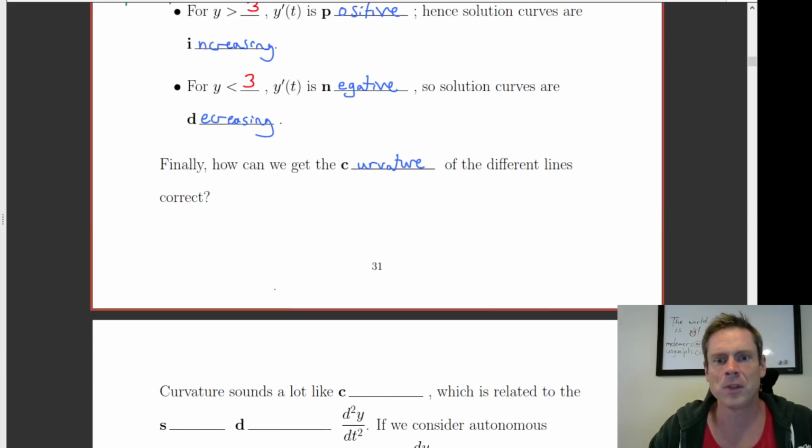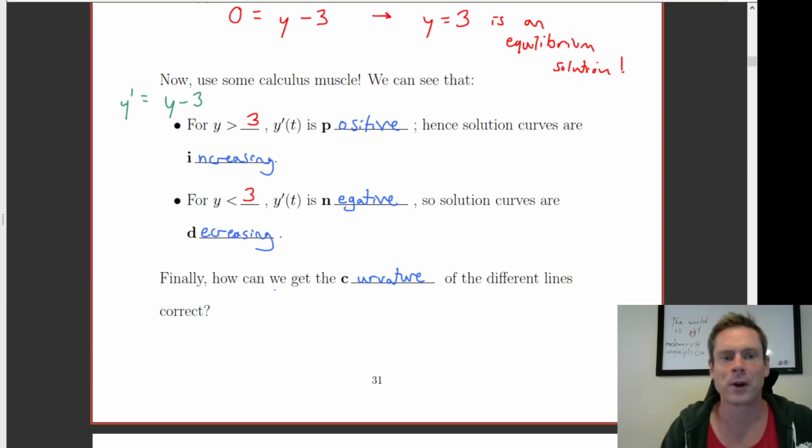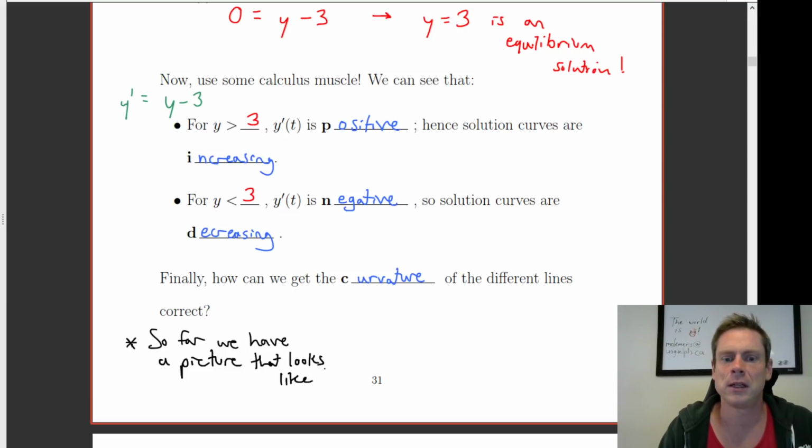Okay. So right now, before I go forward, I just want to chart out what this looks like so far. I'm going to put a little asterisk and say, so far, we have a picture that looks like this.